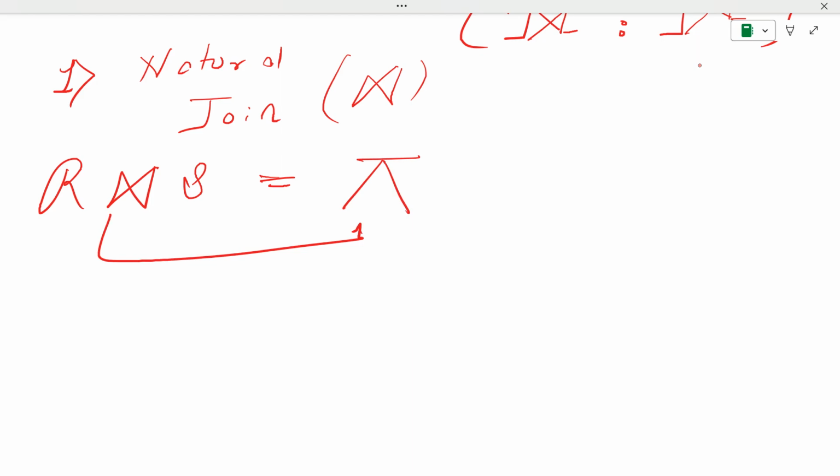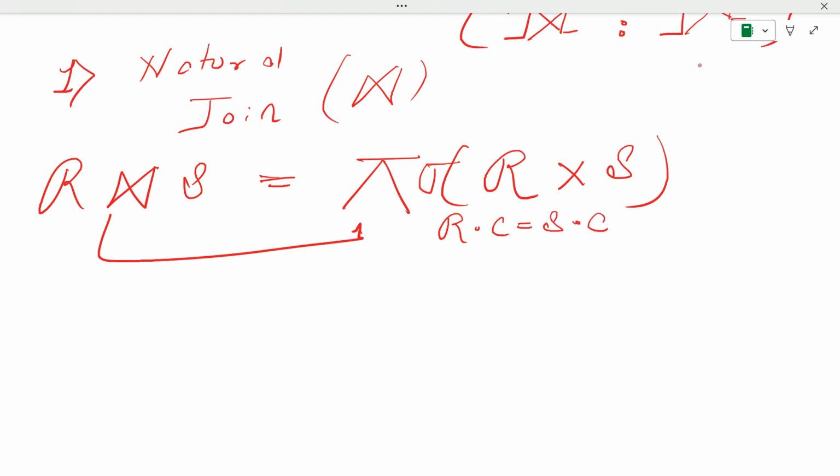We are taking the columns of R and S and doing the cross multiplication of R and S, and then we are selecting based on the common attribute where R.C equals S.C. And here we have R, A, B, C, and D.